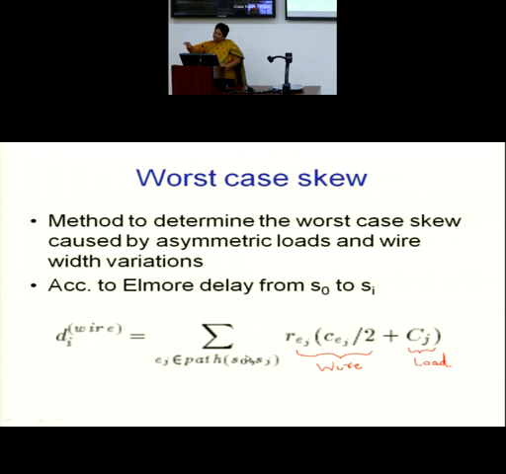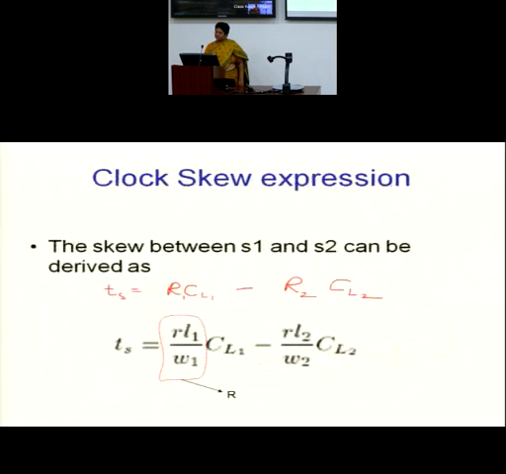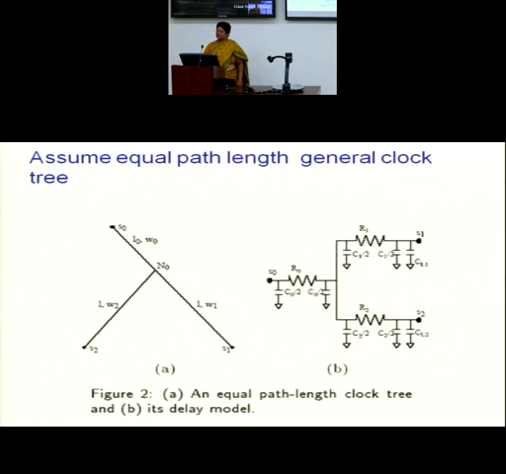So it is R into C external. Got it? So now you can model it like this. I think I have shown you the solution, the expression over here. It is like the segment R driving the capacitance C1, it is also driving the capacitance C load.